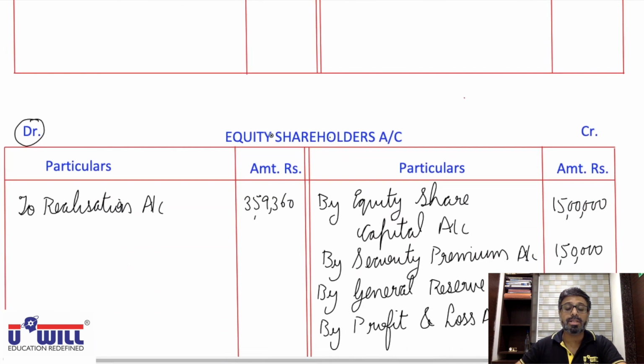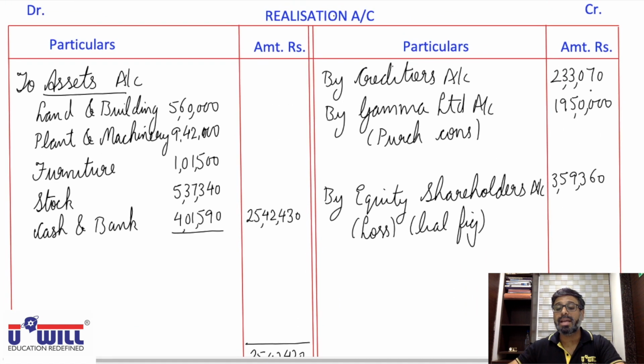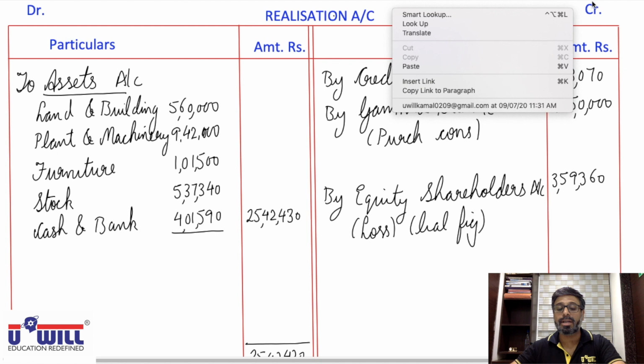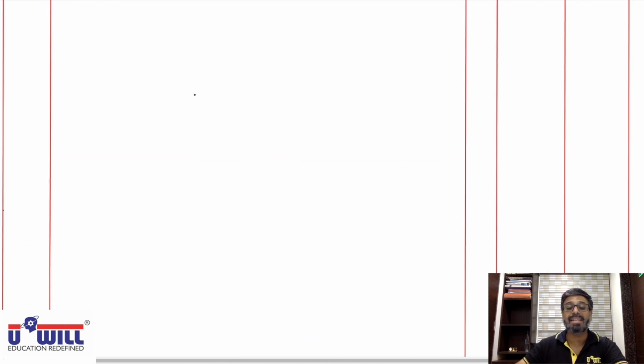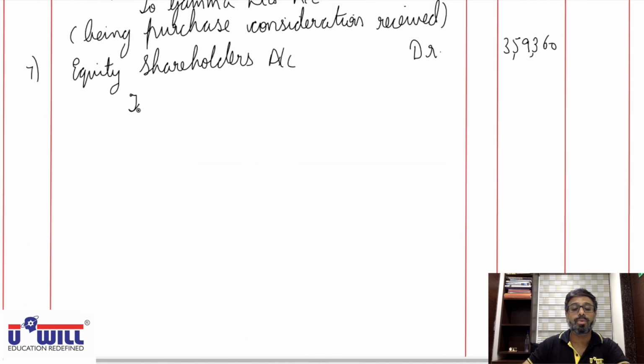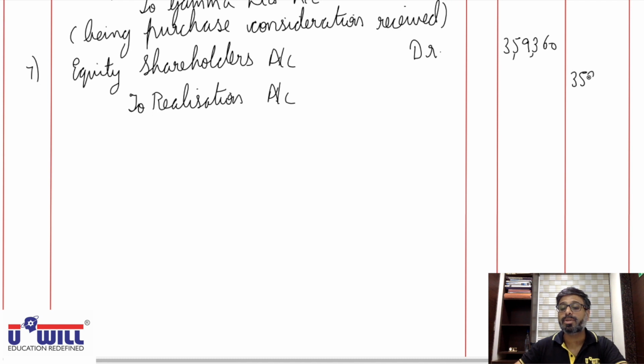In equity shareholders account, we have made this entry on the debit side, so equity shareholders account debit. And in realization account, we have made this entry on the credit side, so to realization account 359,360.